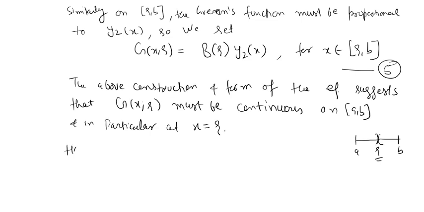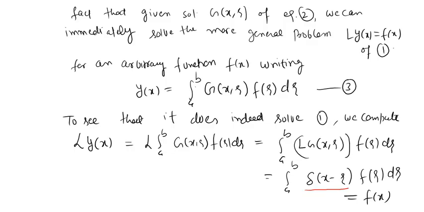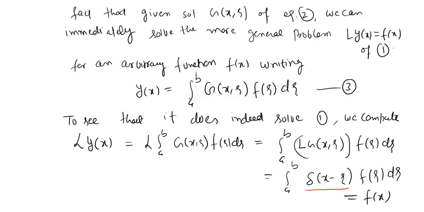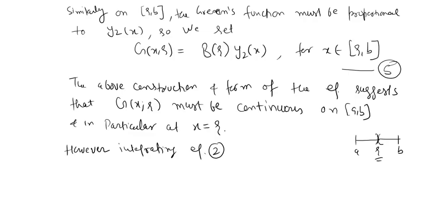However, if we integrate equation 2, okay, I'll show you equation 2. So this one, Lg = delta(x - xi).